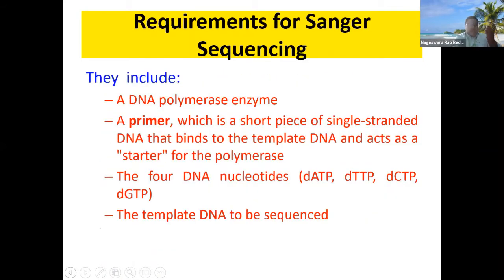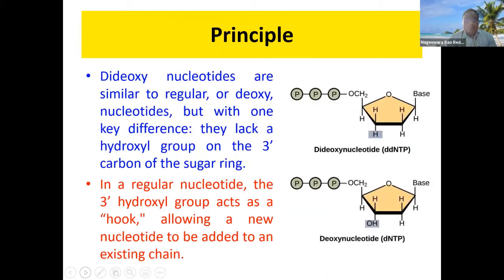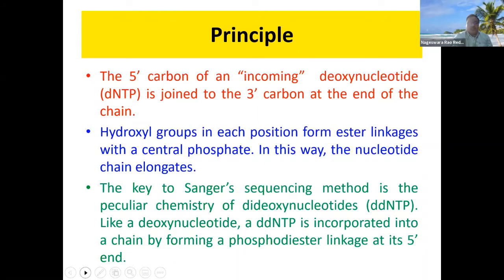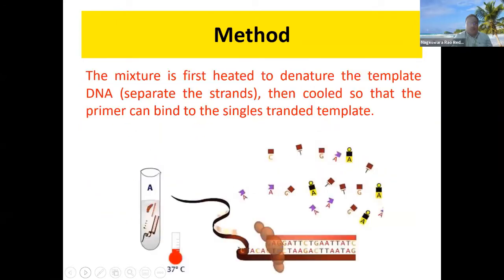So what we do is we have all these five ingredients: polymerase enzyme, primer, DNA nucleotides, template. And then we use ddNTP. So we know what is the difference between ddNTP and dNTP and how it terminates the chain. And now how we are going to run the gel and how we are going to derive the sequence.